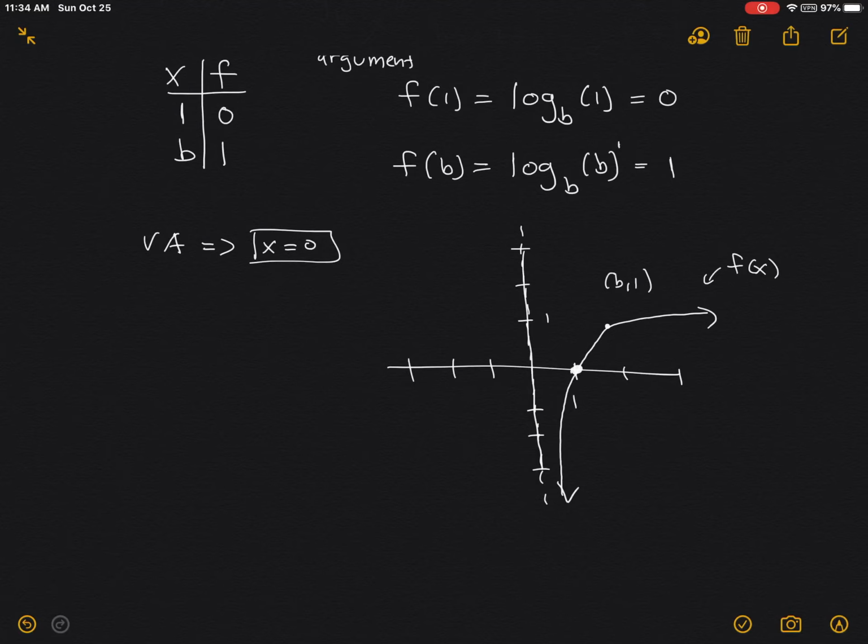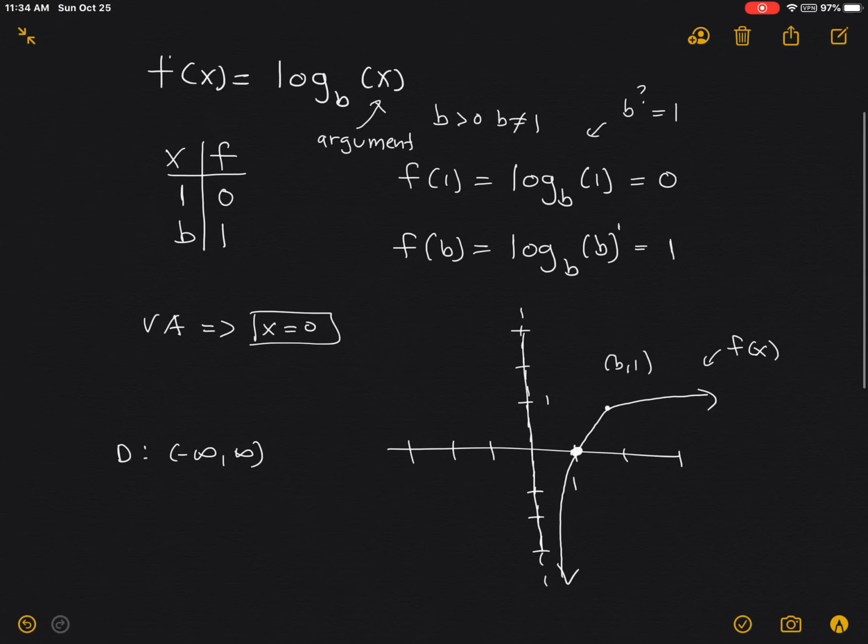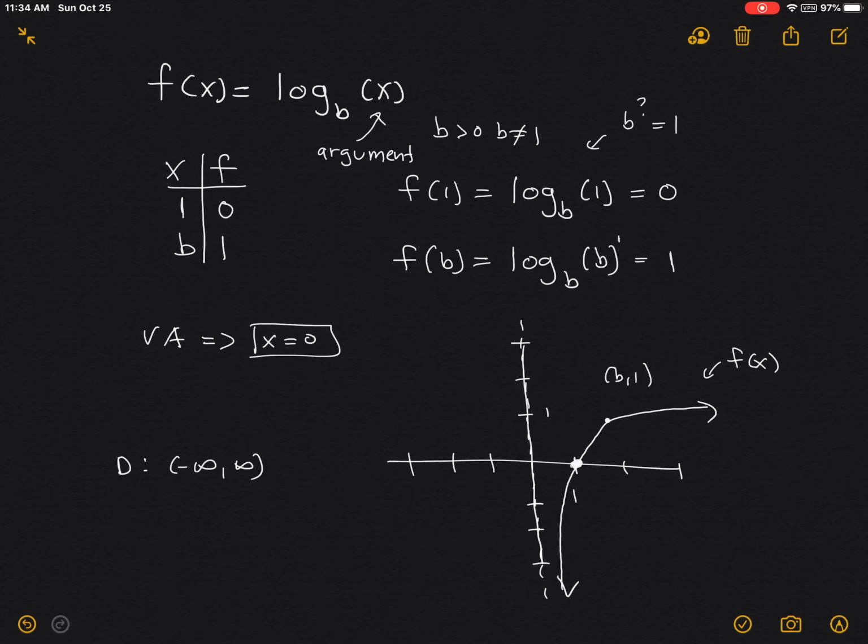All right, so what's important about the characteristics of a log function other than the fact that it has a vertical asymptote? The domain, of course, is just minus infinity to infinity. The domain is not minus infinity to infinity. The domain is found by setting the argument greater than 0.